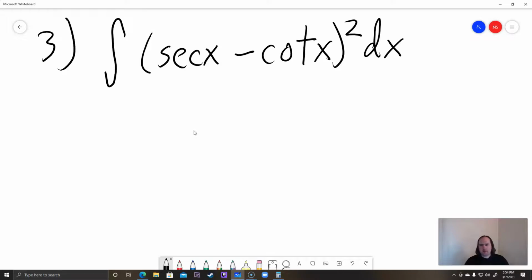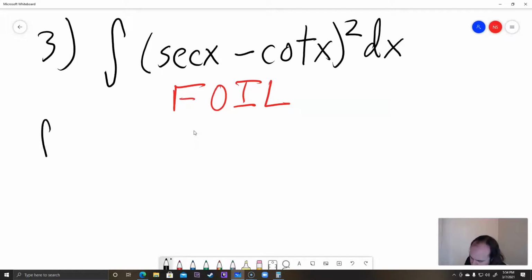So what I would recommend is that on your first step, you write the square and then expand it using FOIL. Okay, so we're actually going to use FOIL here. First, outer, inner, last.